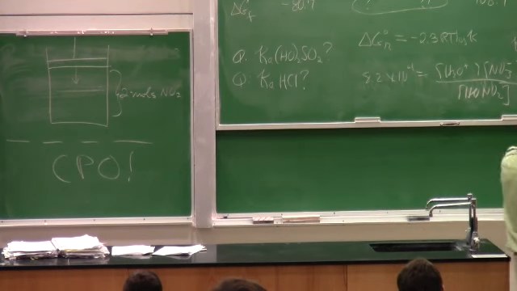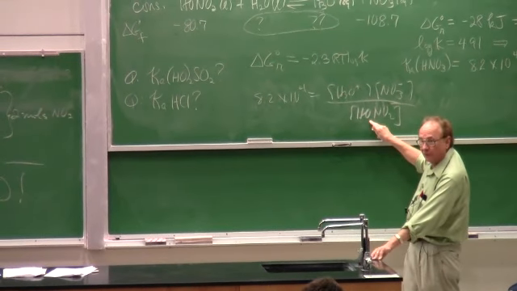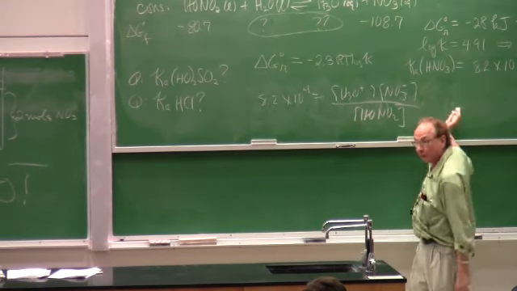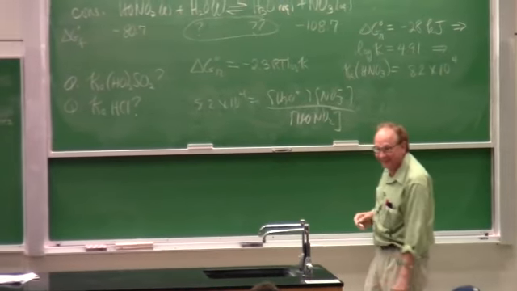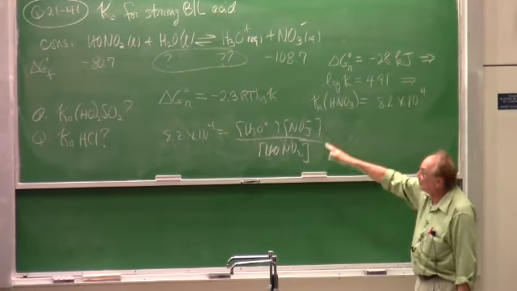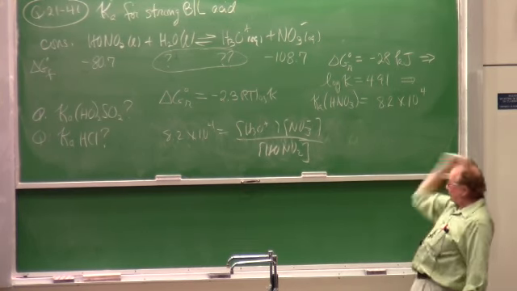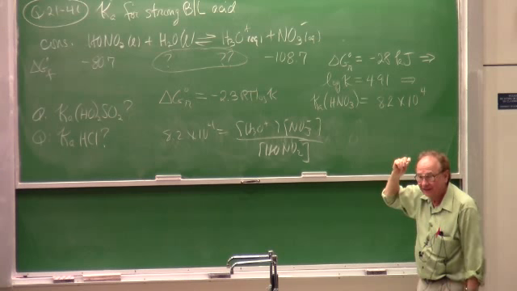Does this K number tell you that if I start this under standard state conditions, 1 molar, and 1 molar, it sits there? Is K equal to 1? No. Look at this K. So this is telling you, for this baby to get to equilibrium after I started at standard state conditions, it's going this away, big time.